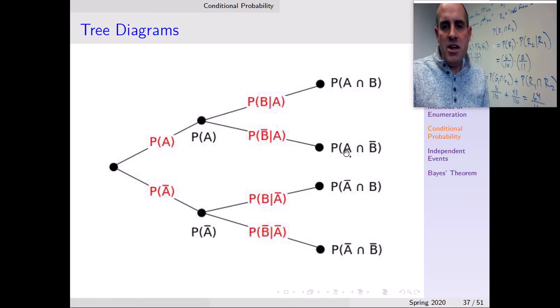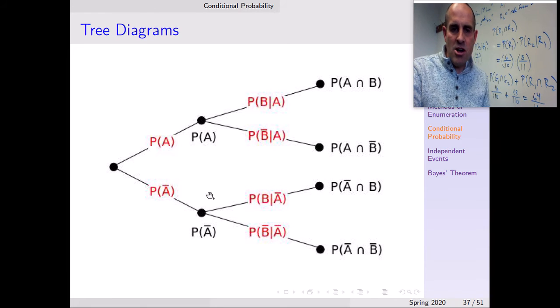What if A and not B has happened? It's the same kind of idea, except you would first go here. So A happened, and then not B given A has happened. So the probability of A and not B is the probability of A times the probability of not B given A. Okay?